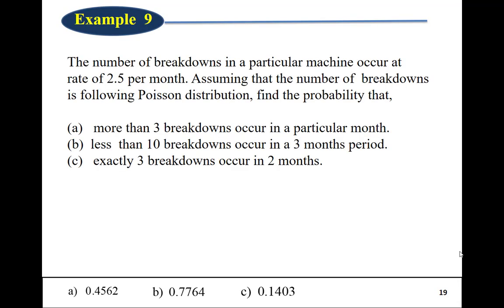Okay, for question 9, the number of breakdowns in a particular machine occurs at a rate of 2.5 per month.